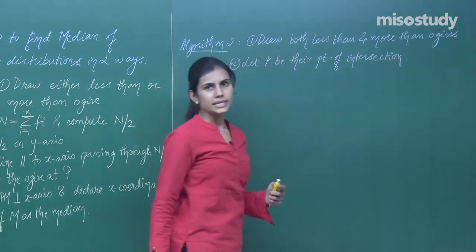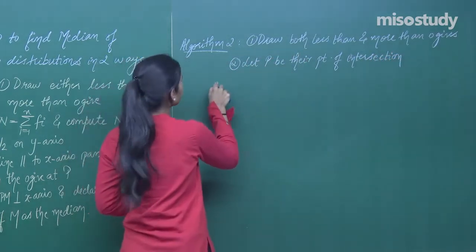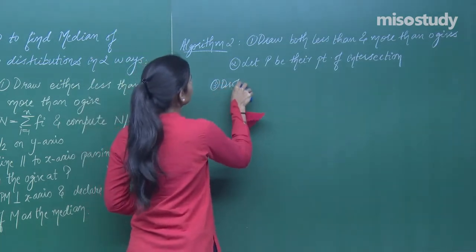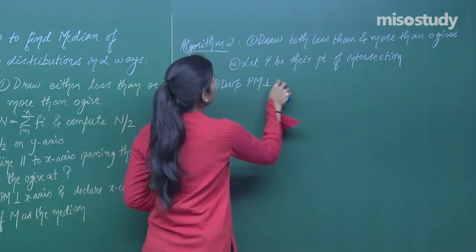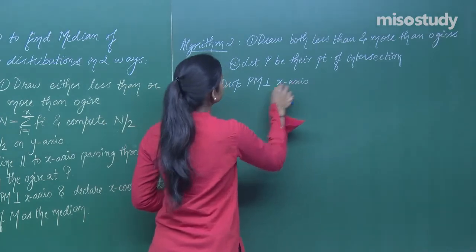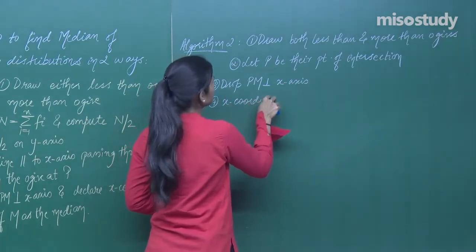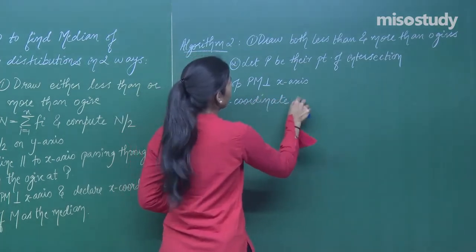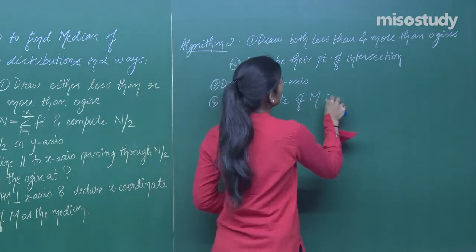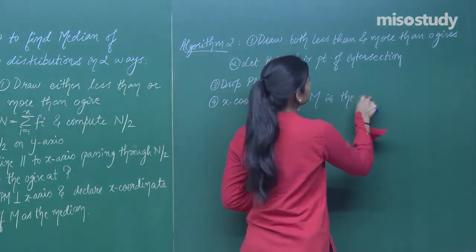So they both will be intersecting somewhere, that point is P. Drop PM perpendicular to the x-axis. The x-coordinate of M is the median.